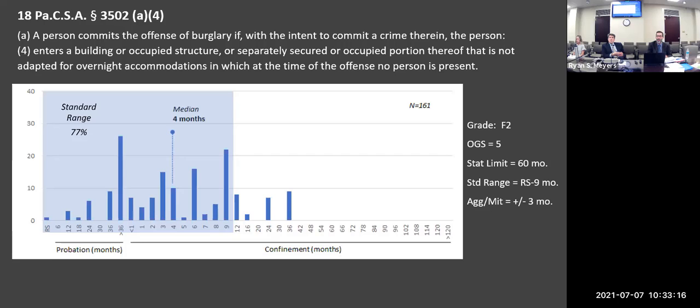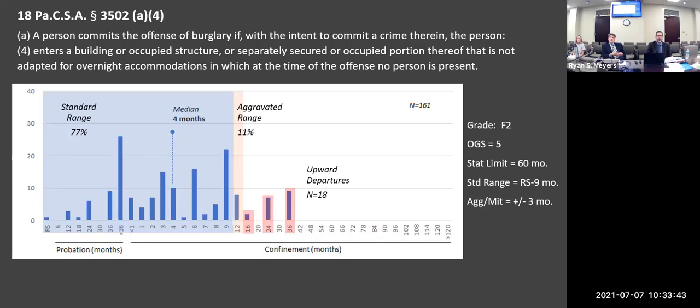And we see in this exemplar that 77% of the sentences fall within the standard range, because of this broad range of restorative sanctions through 9 months being the standard range. And when we look at the aggravated range, this is plus or minus 3 months, which brings us up to 12 months. We had an additional 11%.